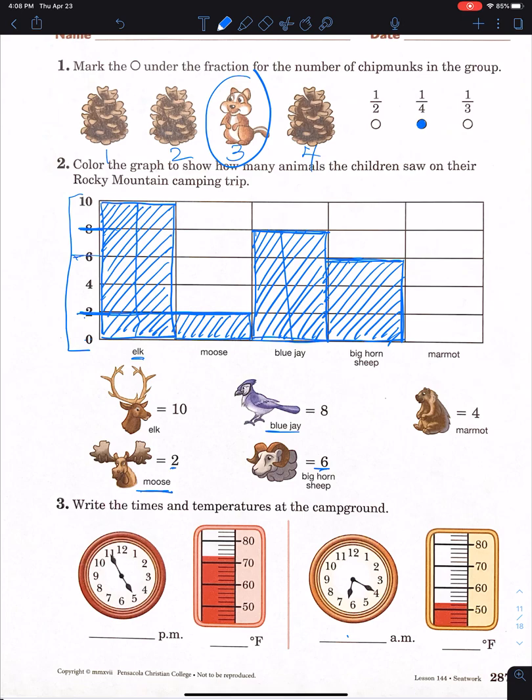How many marmots did they see? Well, they saw 4. So how many boxes do we need to fill in? 2 boxes, 2, 4. Okay, and that's what your graph should look like.